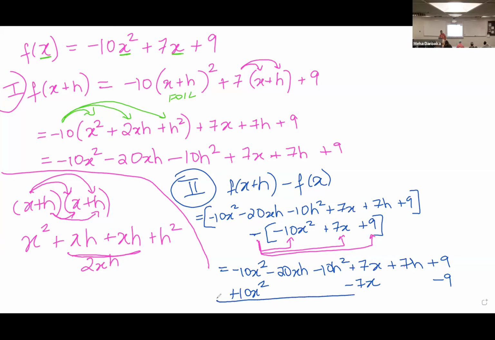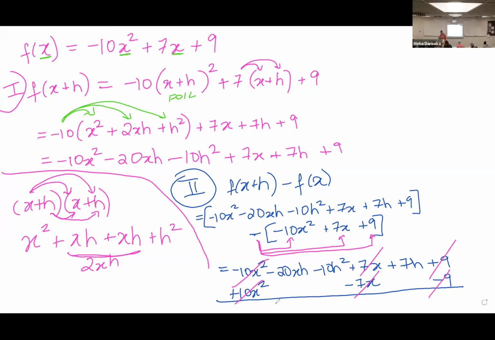So when you combine all of these together, those like terms will cancel each other out. So -10x squared, +10x squared cancels out. +7x, -7x cancels out. +9, -9 cancels out. Leaving us, and this is where I had kind of told you last time also, you should have every term that's left behind with an h inside it.